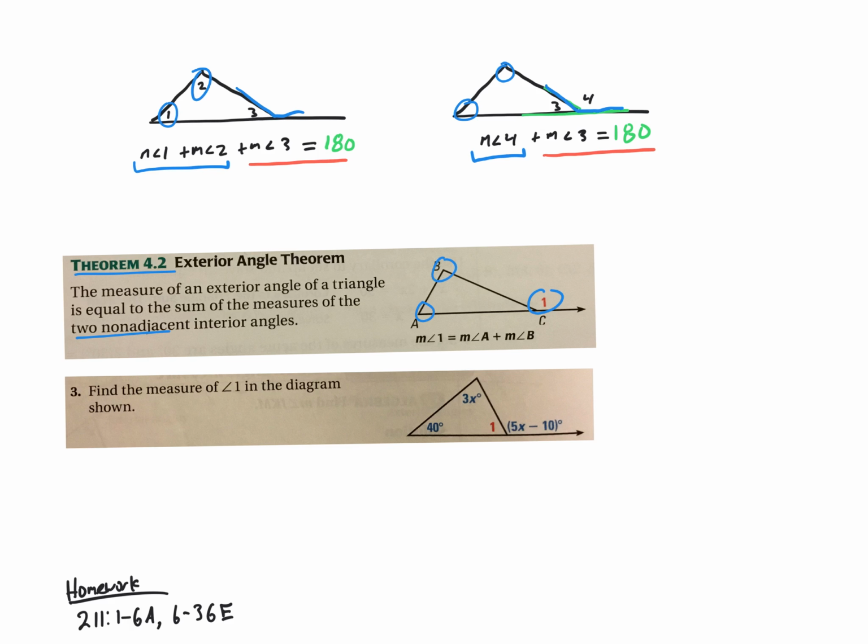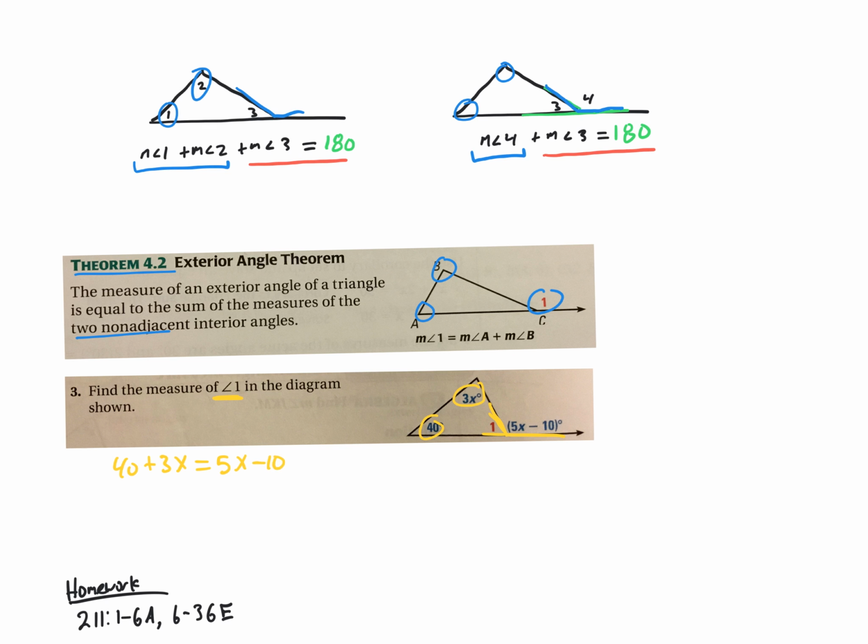So let's try an example of that real quick, where it says find the measure of angle 1. So we're looking for this interior angle actually, but first we're going to have to solve for x. So I know this outside piece here is going to equal the sum of these two. So I'm going to say 40 plus 3x is equal to 5x minus 10.